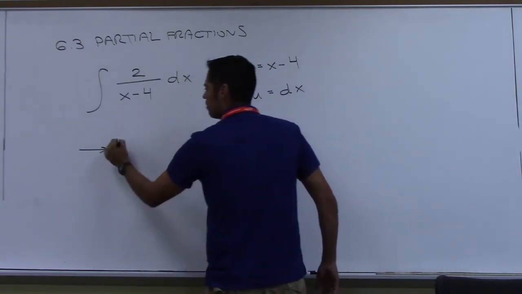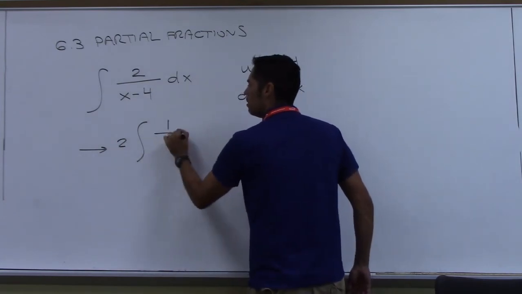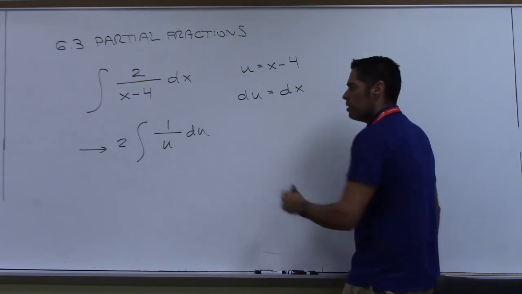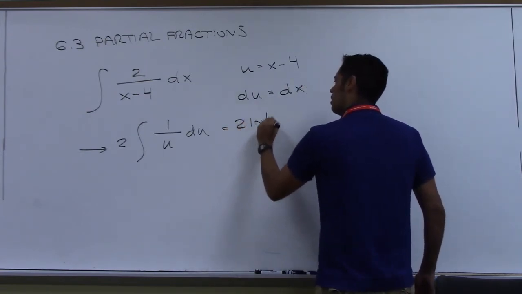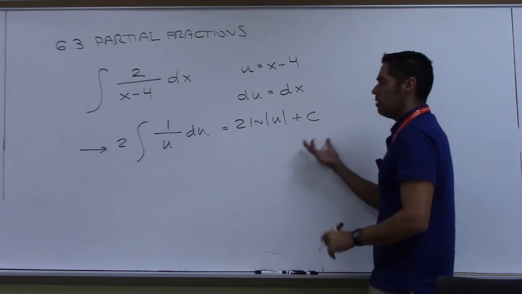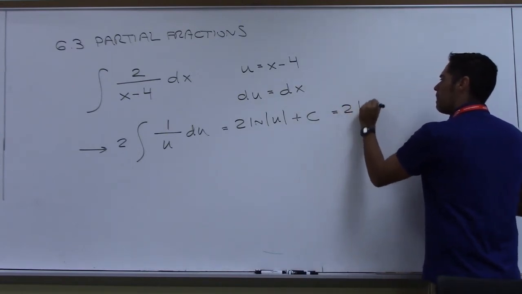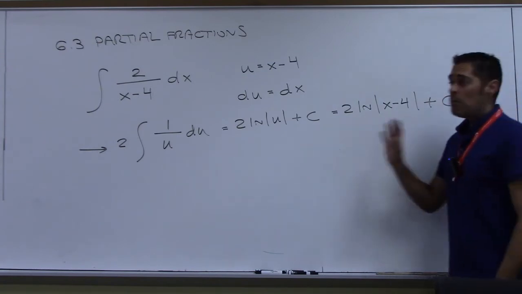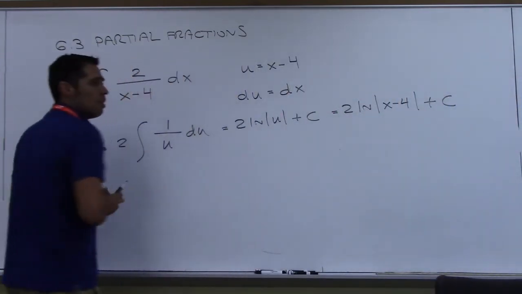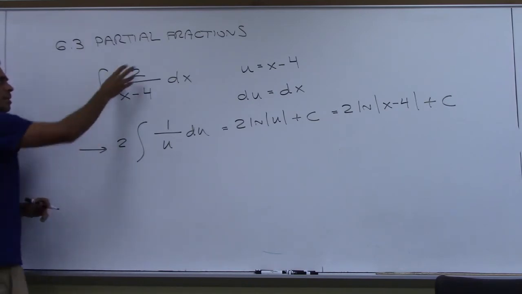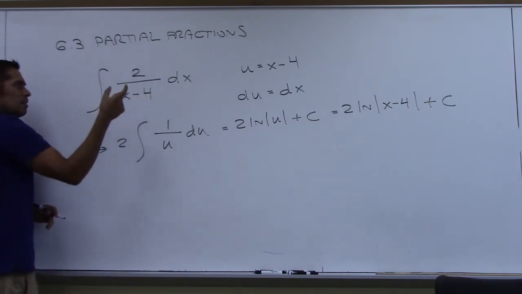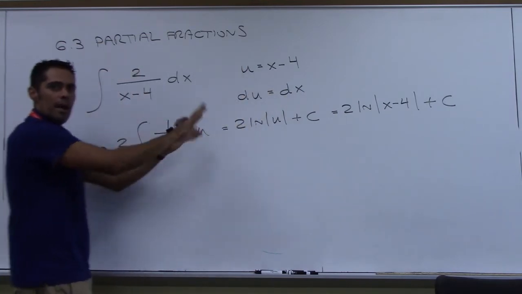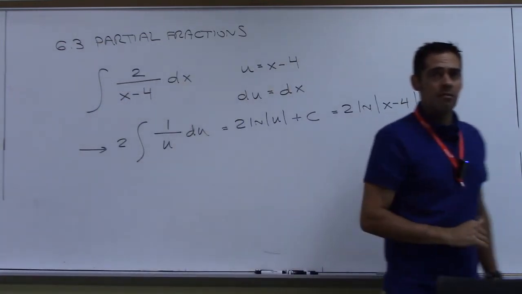The 2 comes out: 2 integral 1 over u du. The antiderivative of 1 over u is natural log of u plus a constant, and we just replace u with x minus 4. And we're done. That would work any time we see a constant over a linear expression. We could just pop the constant out and choose the linear expression to be u. We might be off a little bit, but we would tweak it and things would work out. So we're in business if we see that, right?